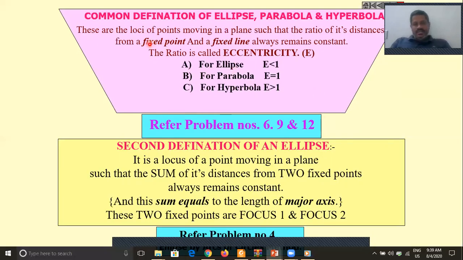Here the fixed point is called the focus, and the fixed line is called the directrix. We will discuss what is focus and what is directrix in the next slide by taking an example.